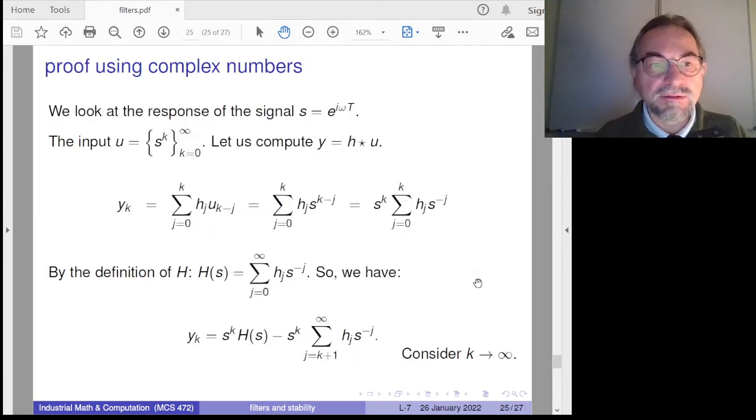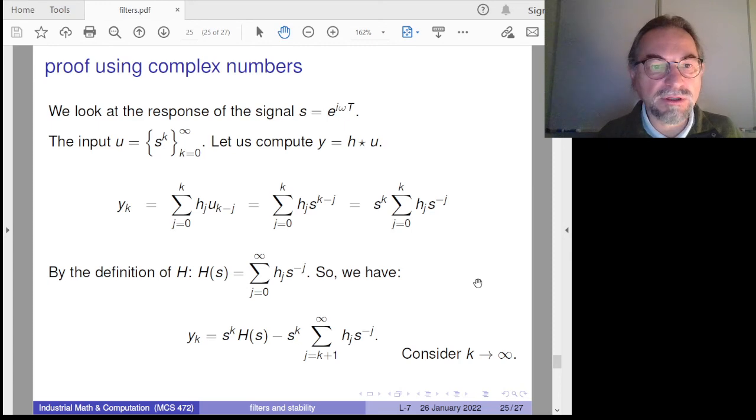All right, so let's look at the proof. We were looking at our signal. We had the sines that came in as the input, but it turned out that we had to evaluate the transfer function at e to the power i times omega times t, where omega captures the frequency of our input signal and t is the sampling rate.